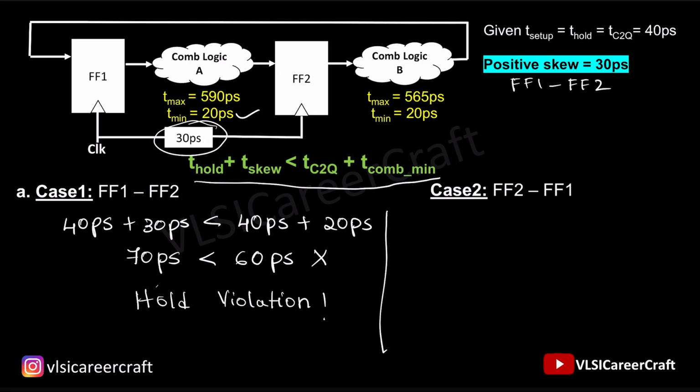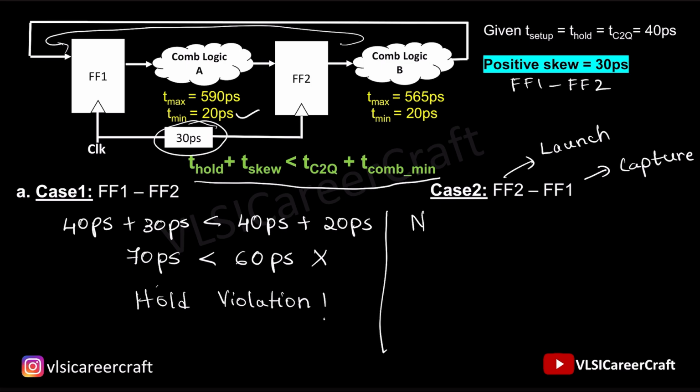So let's check for path 2. Here flip-flop 2 becomes the launch and flip-flop 1 becomes the capture flip-flop. So when there is a positive clock skew between flip-flop 1 and 2, there exists a negative clock skew when the path is reversed, which is equal to minus 30 picosecond.